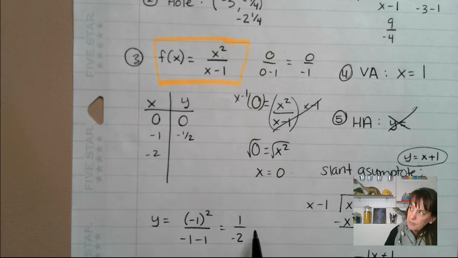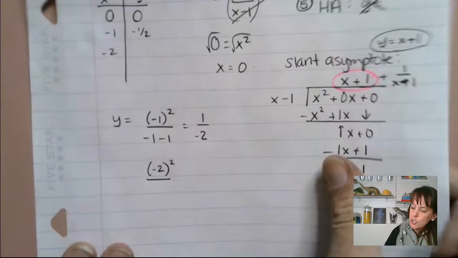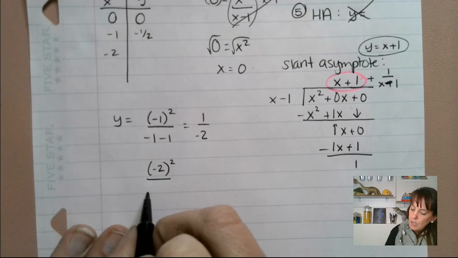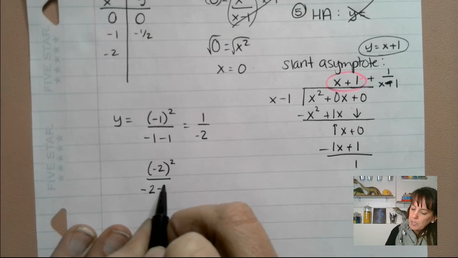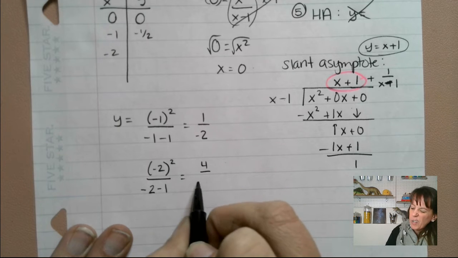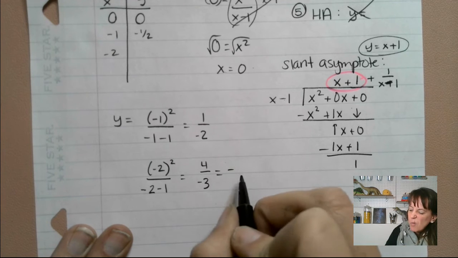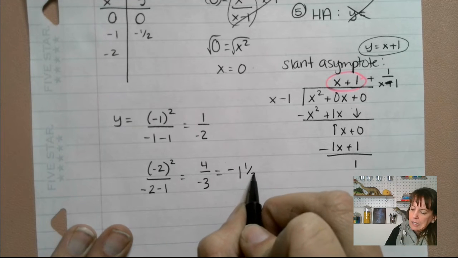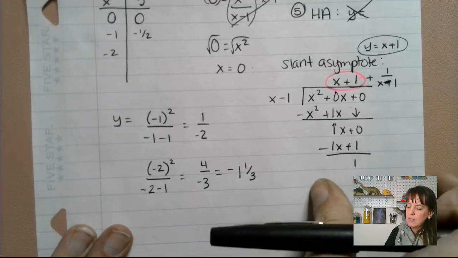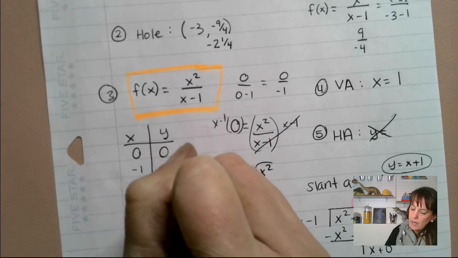Now if I do -2, we've got -2 squared over -2 minus 1. So that's going to be 4 over -3. So what is that, like -1 1/3? 3, 4, yes. So -1 1/3.